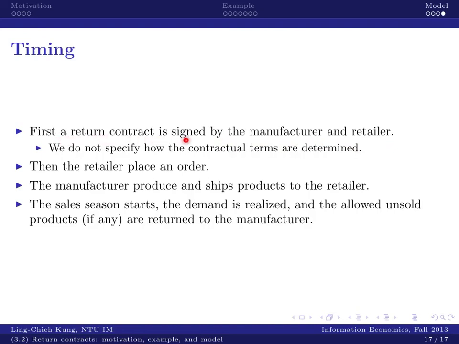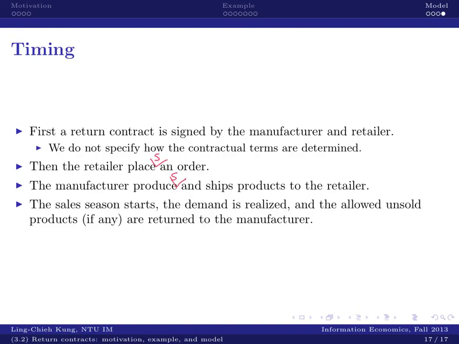So they first sign the contract, and then the retailer places an order. And then the manufacturer will produce this and ship the product to the retailer. Again, the manufacturer's production environment has no uncertainty.